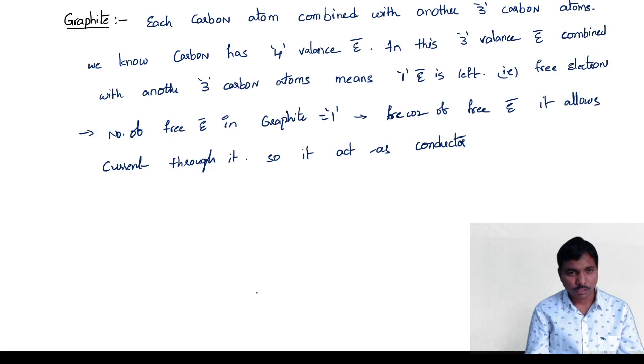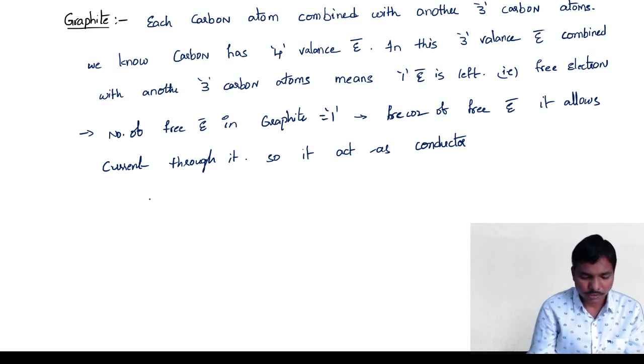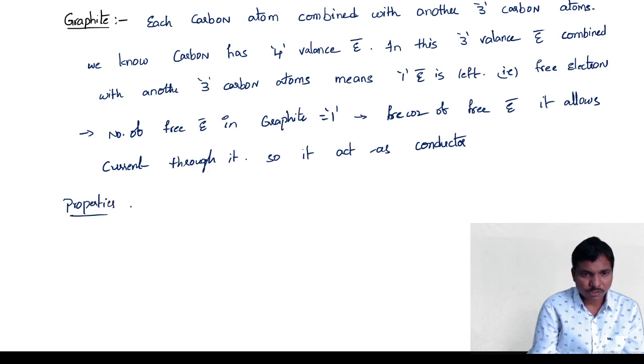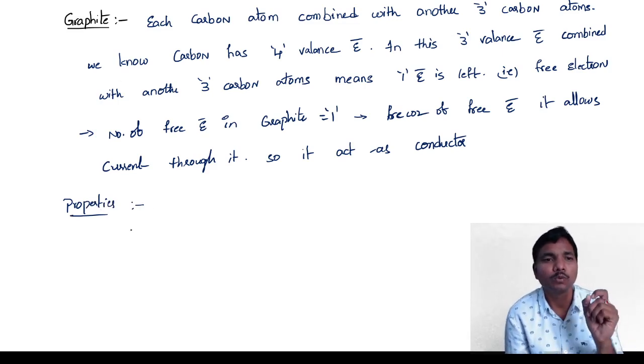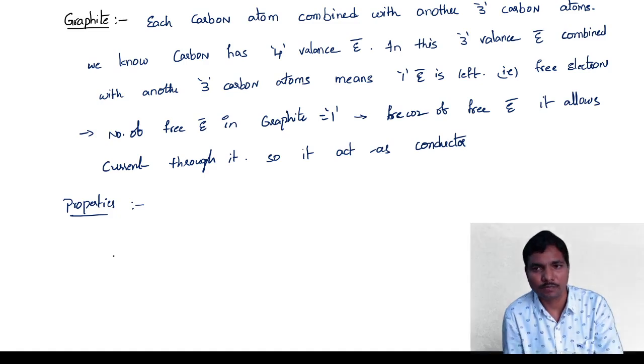Okay, now coming to the next point, that is properties of this graphite. Okay, and this graphite is of a very smooth and slippery nature.